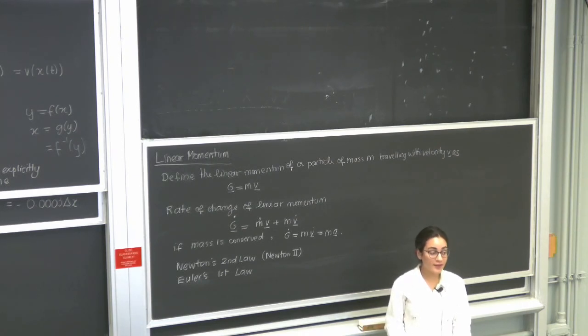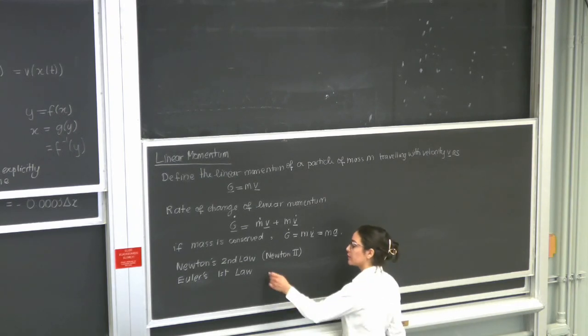They had to invent calculus for that, derivatives. So he wrote Newton's second law mathematically, and not only for particles, but he also extended it for rigid bodies. And he added another balance law, which we're going to learn about later on in the semester.